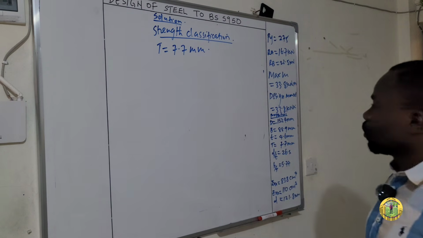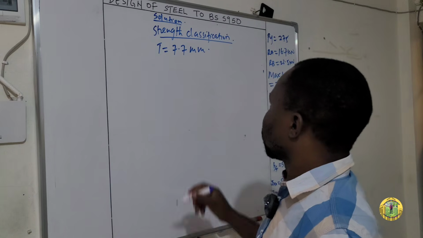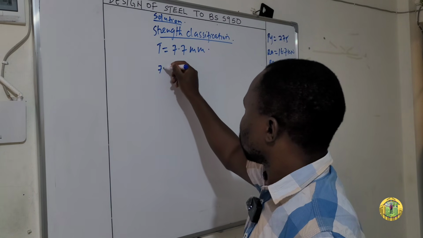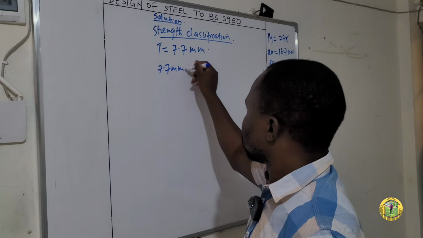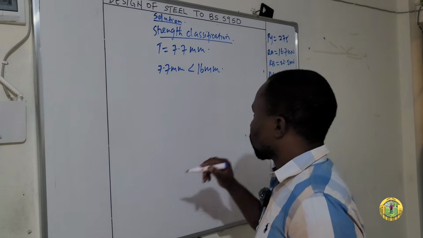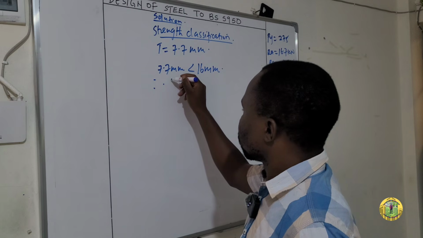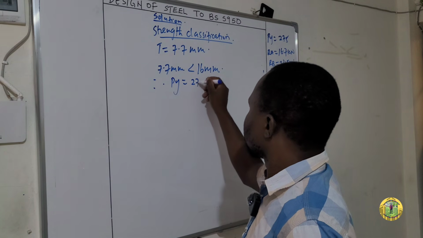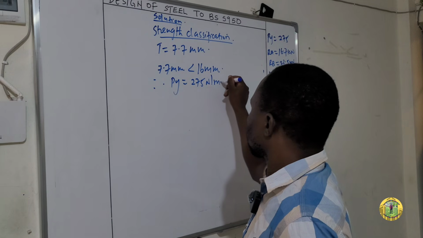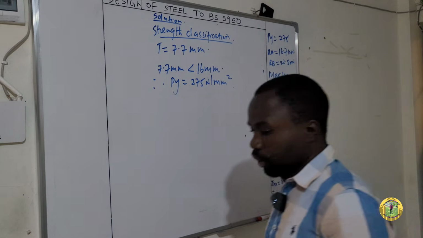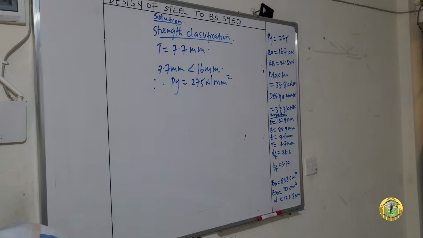And from the table given by BS 5950, T, 7.7 millimeter, is less than 16 millimeter. Therefore, py is equal to 275 Newton per millimeter square. I will show you the table.